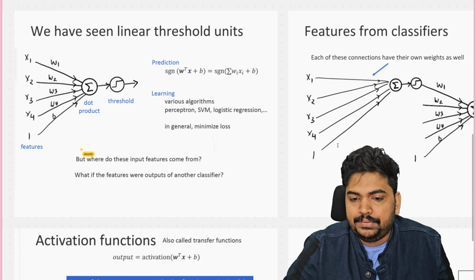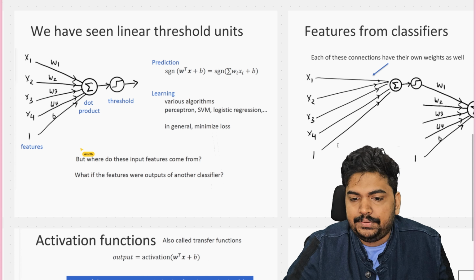Here is the illustration of such a unit for a 4-dimensional input. You can see the illustration here, just like in perceptron. We have an input with 4 features, which is x1 to x4, which we represent by x typically.